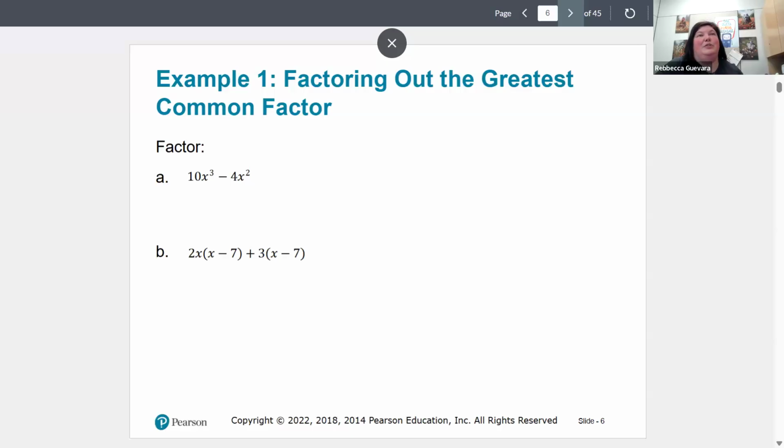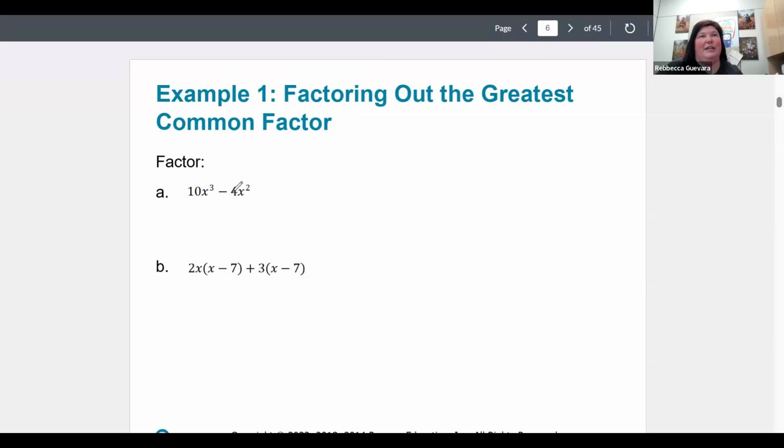So when we say we want to factor out the greatest common factor, if I had 10x cubed and I had 4x squared, well, 10x cubed is just going to be 2 times 5 times x times x times x.